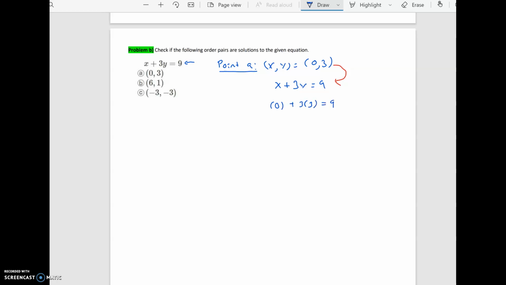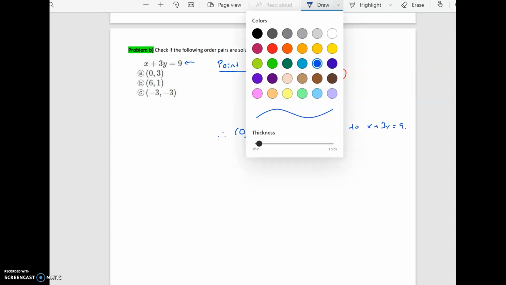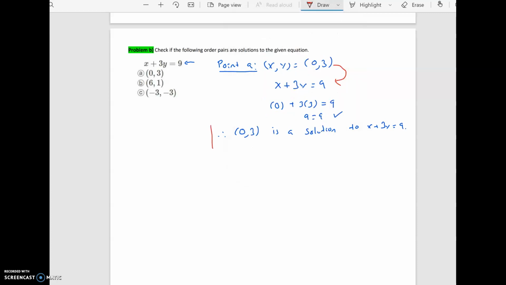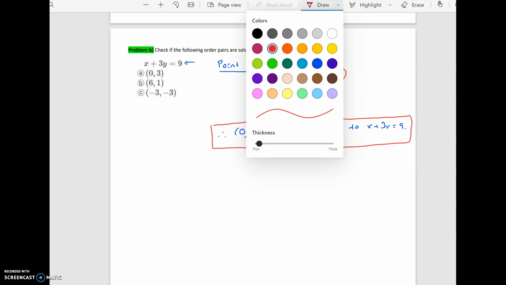It's equal to 9, or 9 is equal to 9. It checks out. In this case, (0, 3) is a solution to x plus 3y is equal to 9. That's one of them. If we look at the graph, it would be part of the actual line.